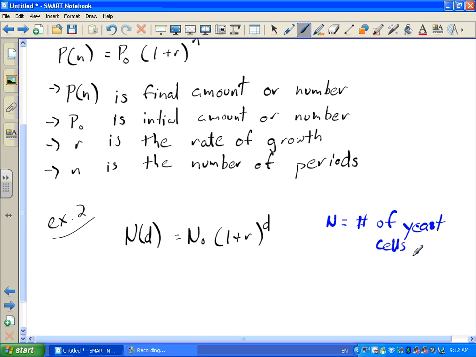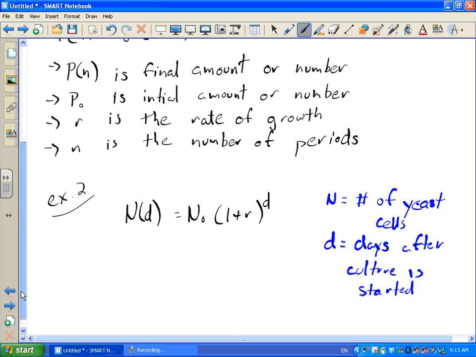D is days after the culture is started. And N at O is the initial population, which is pretty much the same as our P at O. But we'll write it down.